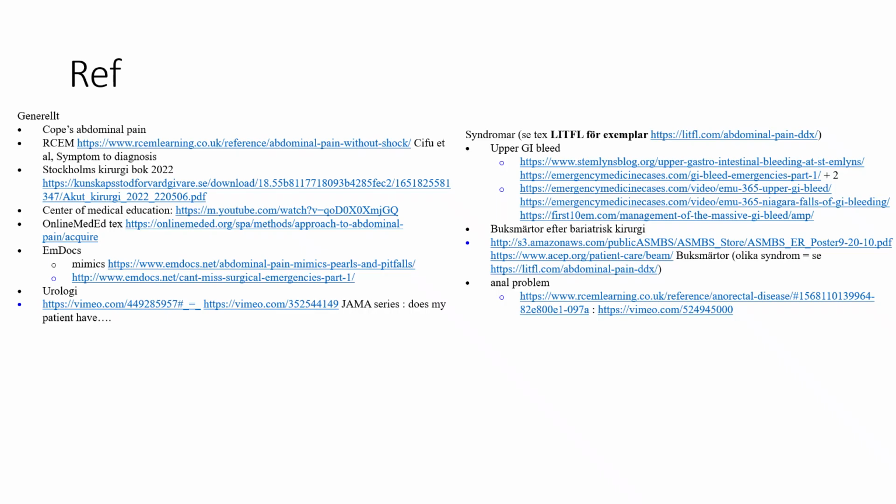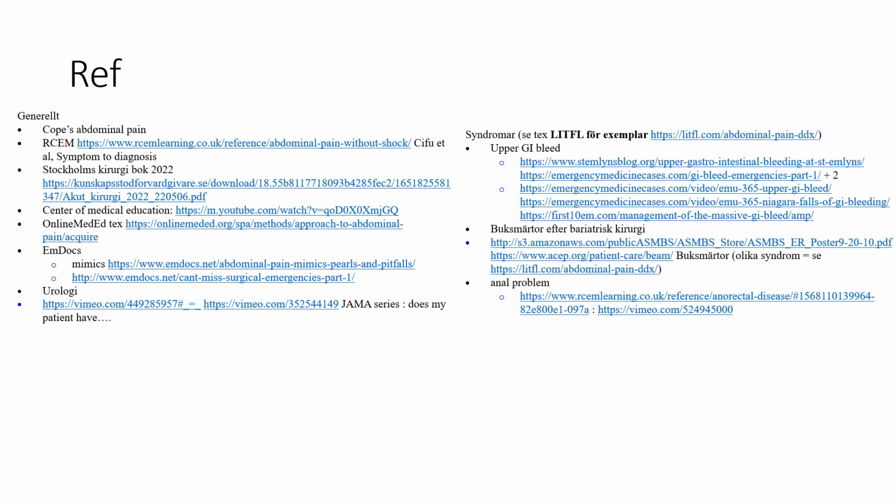All right. These are the references for approach to abdominal pain, just some of them. I did include some GI bleeds, just ignore those. But the main source is Cope's abdominal pain. I think EM Crit also, that's the sole book that they advise to get for abdominal pain. And there seems to be a lack of references for emergency physicians on abdominal pain, and I'm not sure why.